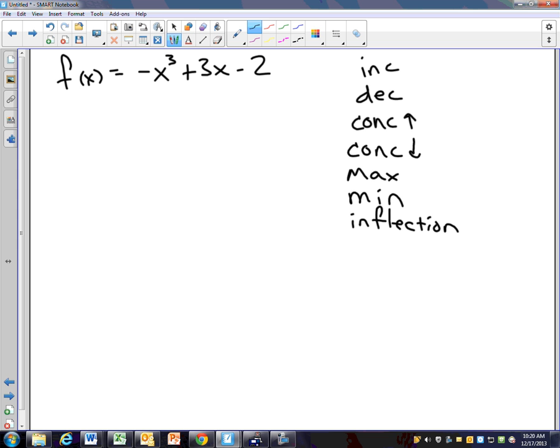Okay. I first take the first derivative. What's the first derivative? Okay. And I set that equal to 0.